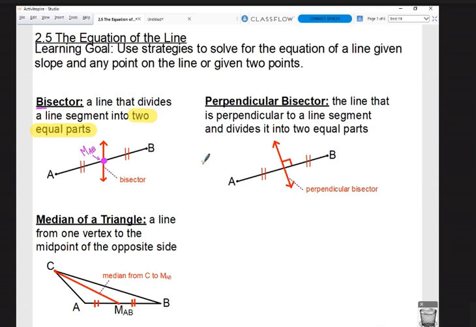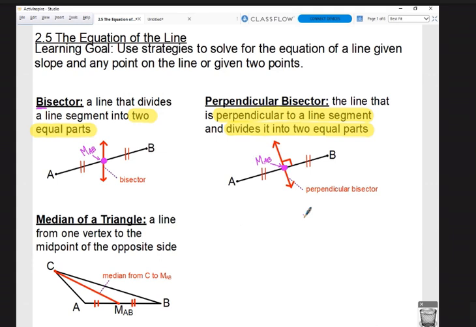Yeah? So it says here the line that is perpendicular to a line segment, and also divides it into two equal parts. So again, this coordinate right here must be the midpoint of AB, because it's got the word bisector in there.